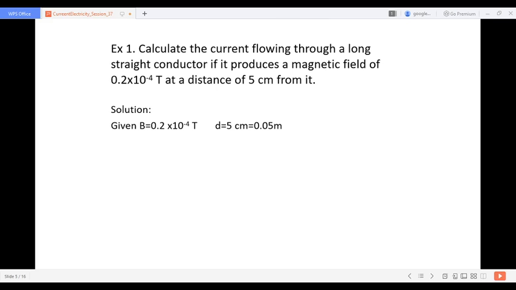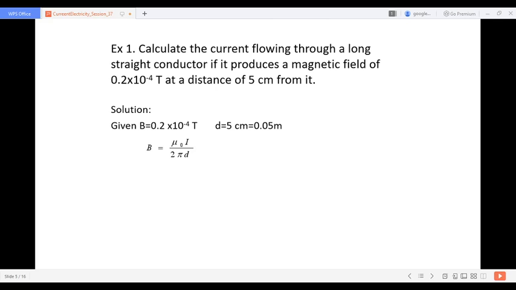So, the given things are magnetic field B equal to 0.2 into 10 raised to minus 4 Tesla, and the distance from the straight conductor at which you have to find the magnetic field is 5 centimeter. So d is equivalent to 5 centimeter, which can be written as 0.05 meter.